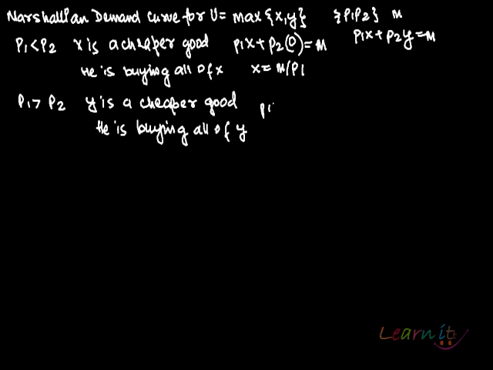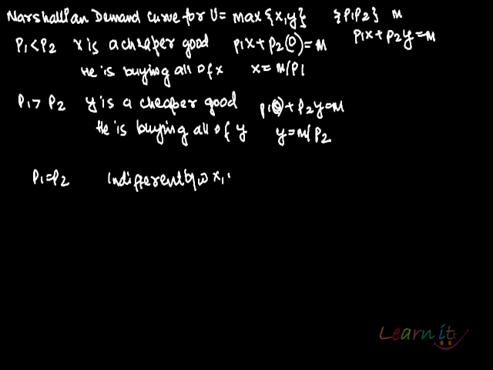So the budget line is, in place of x it will be 0 because he's not buying anything of x, P2y is equal to M. So y would be equal to M by P2 and x is 0. And if P1 is equal to P2, he is indifferent between x and y.